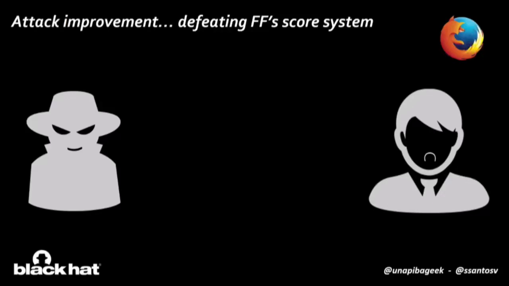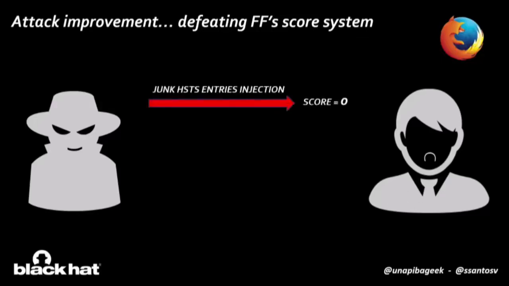However, we will use this tool in a different way in order to complement our previous attack. We begin by making a first chunk of HSTS entries injection, and with this, we will get a score of 0. After, we will use DeLorean to forward the target system date by 1 day into the future.